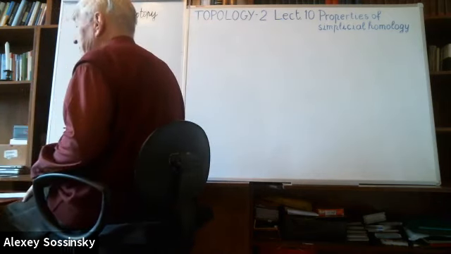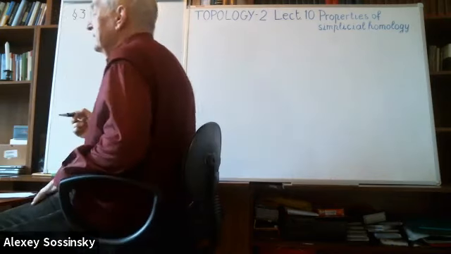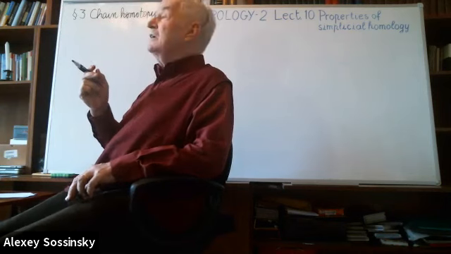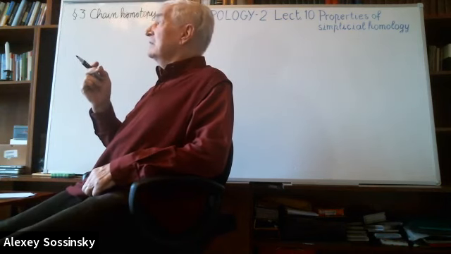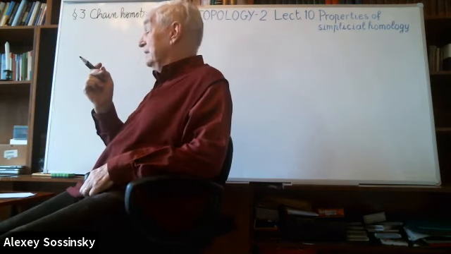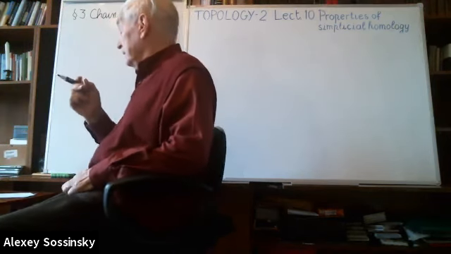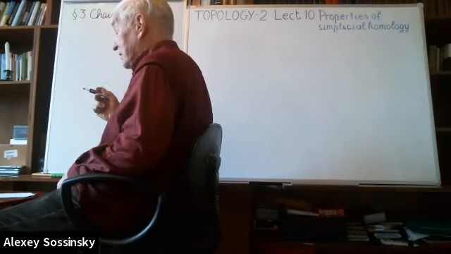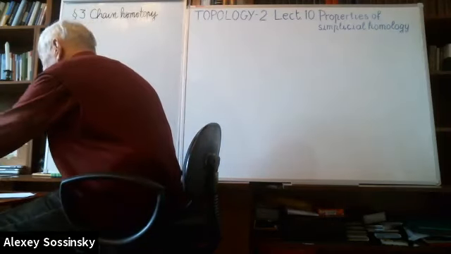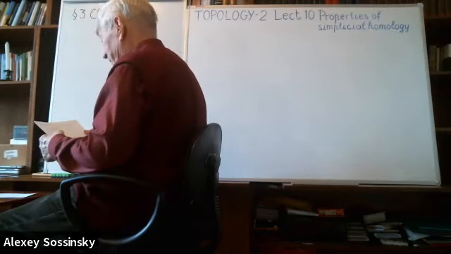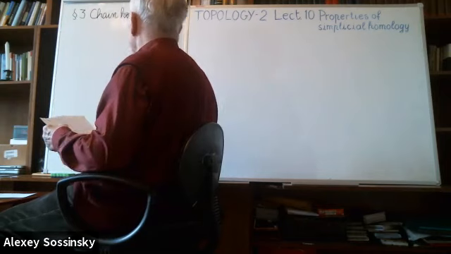Well, chain homotopy is, so to speak, the algebraic clone of a homotopy of simplicial spaces. The definition is rather unusual. I'm sure it was not easy to think up this definition.